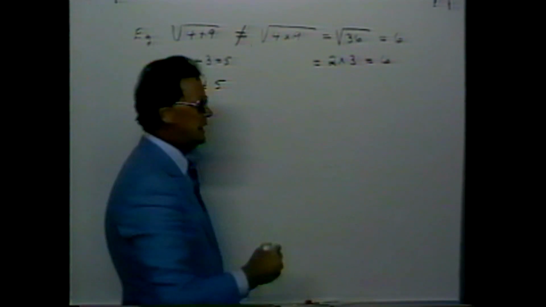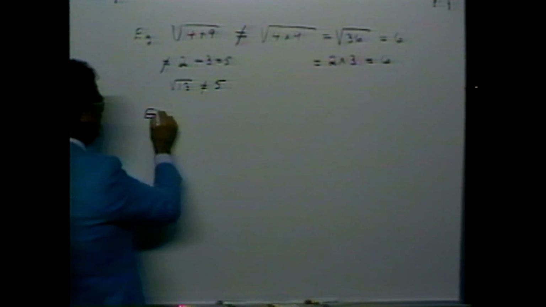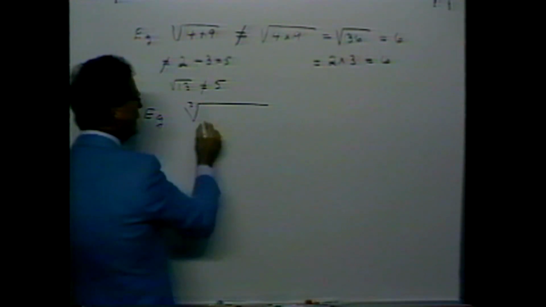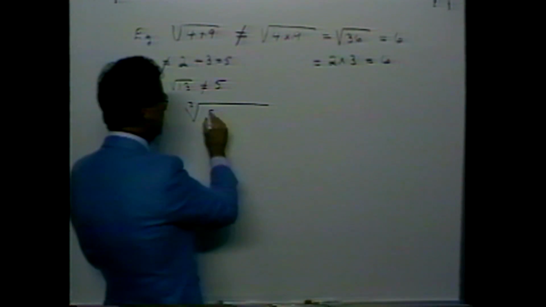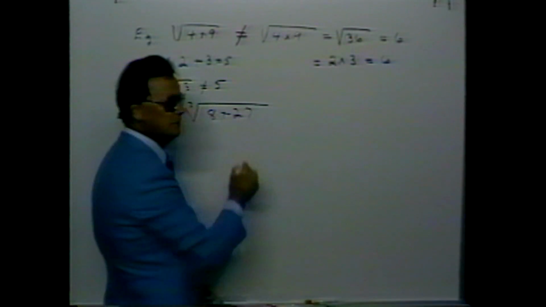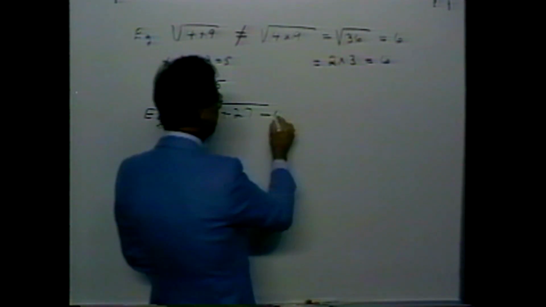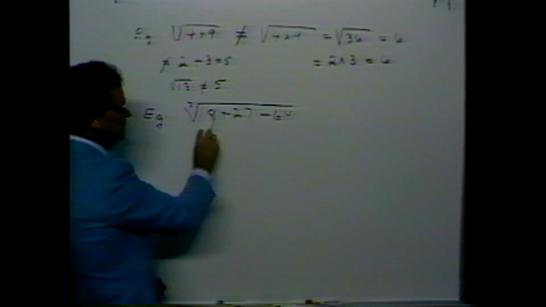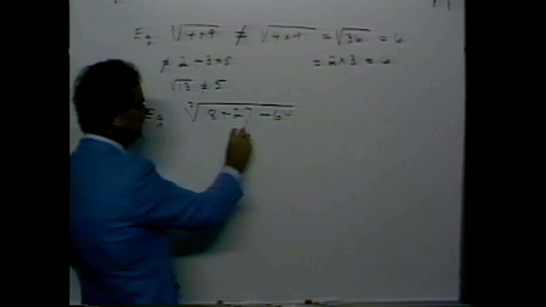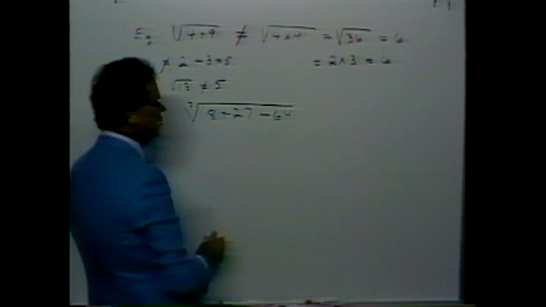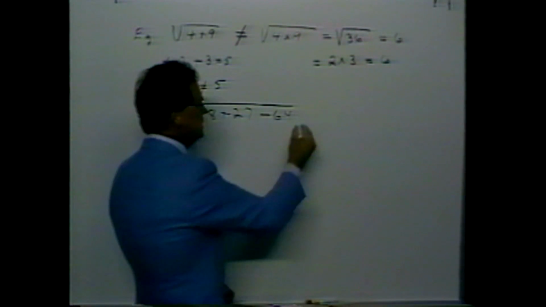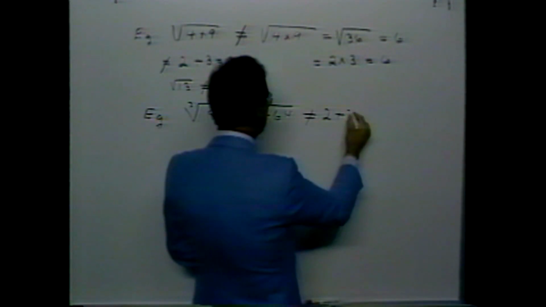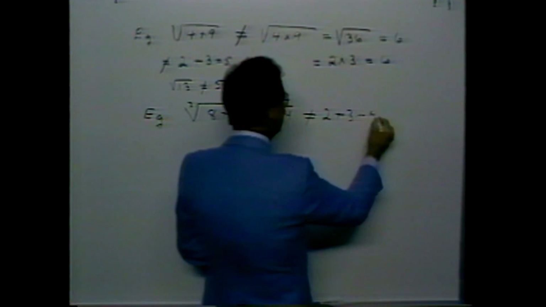Here's another example similar to the one I have just done. If we take the cube root of 8 plus 27 minus 64. Individually, the cube root of 8 is 2. The cube root of 27 is 3. The cube root of 64 is 4. This does not equal 2 plus 3 minus 4.